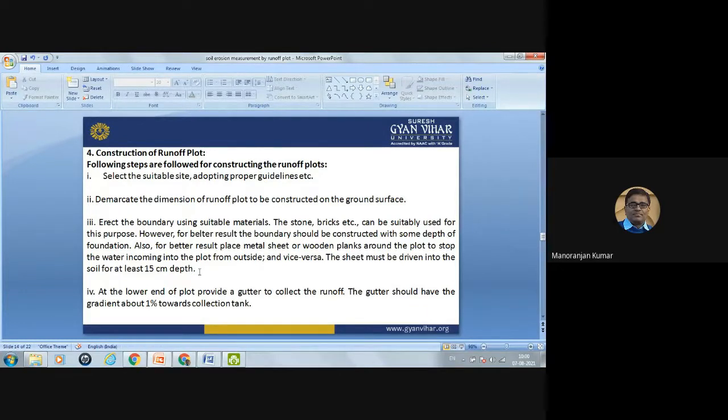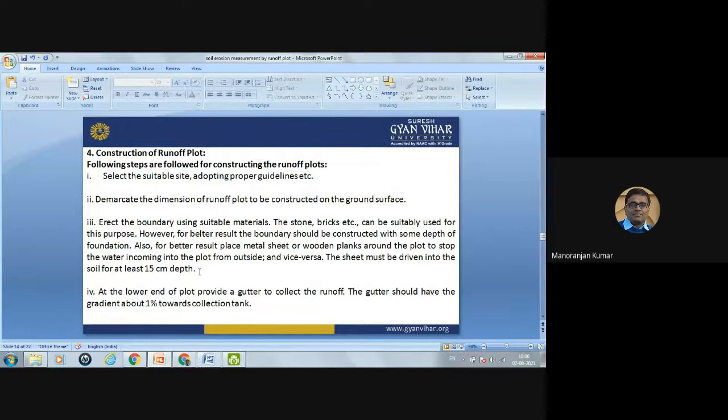However, for better results, the boundary should be constructed with some depth of foundation. Also, for better results, place metal sheet or wooden planks around the plot to stop water from coming into the plot from the outside area. The sheet must be driven into the soil for at least 15 centimeter depth.